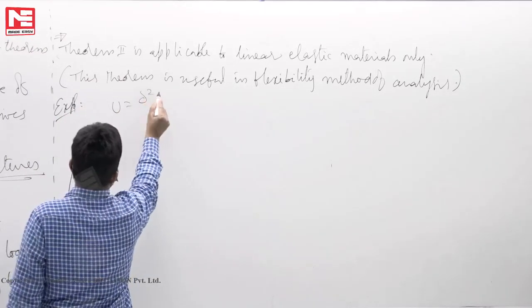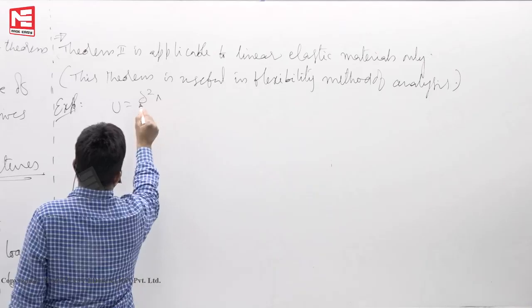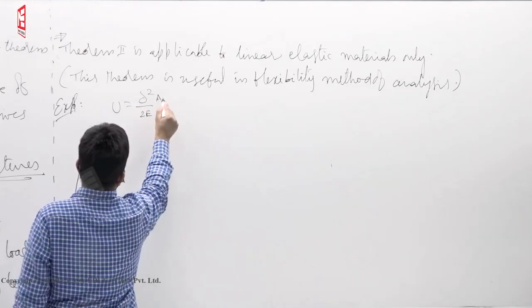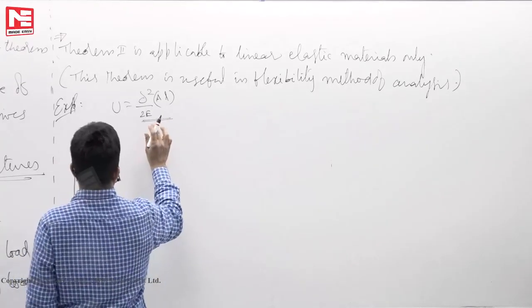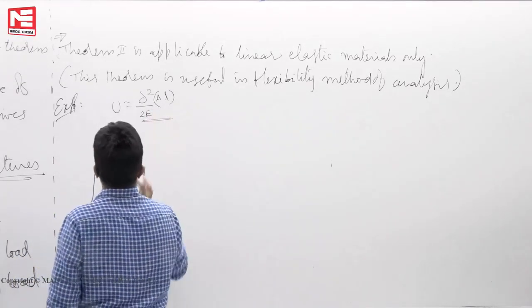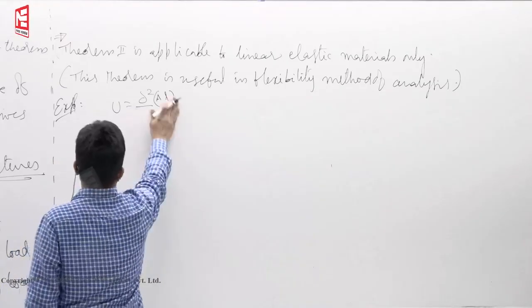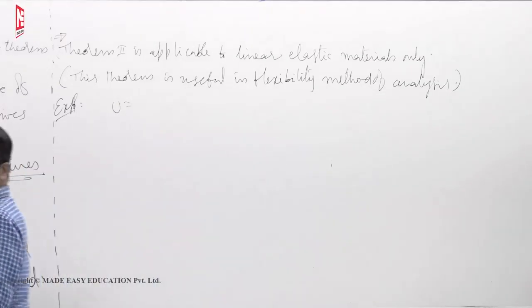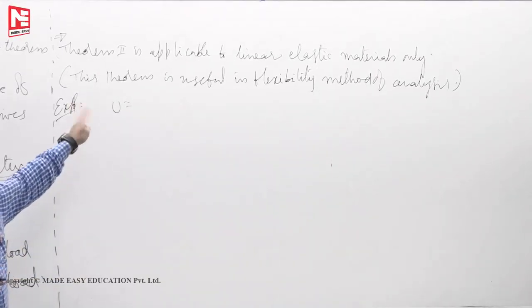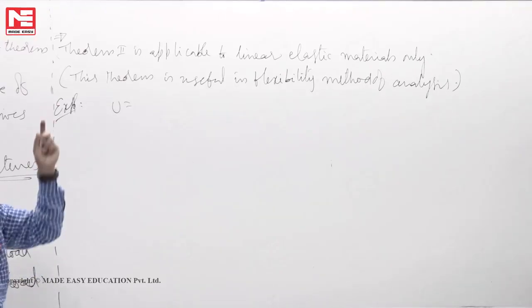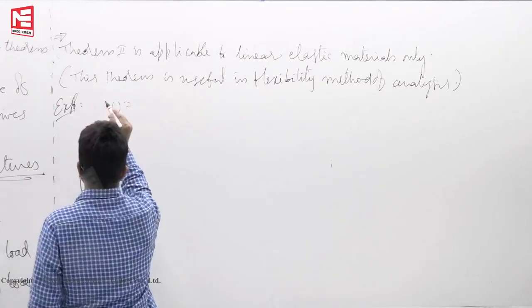You are writing in terms of the displacement, say, delta square by 2E into A into L. Now you see the example I am taking.